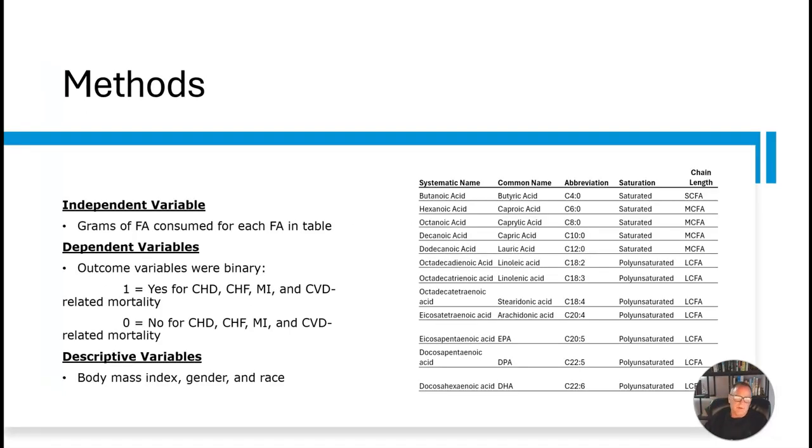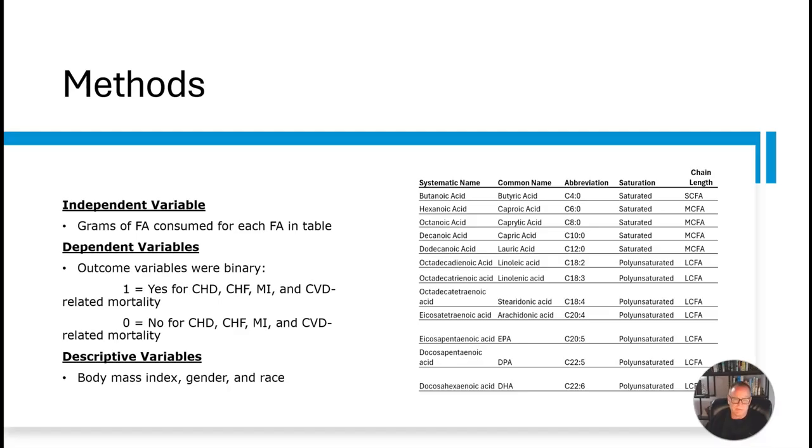So then, once we had that large data set, the independent variables were grams of fatty acid consumed for each of the fatty acids listed there in the table. That would be all of the independent variables. And then the dependent variables were the outcomes of the cardiovascular disease measurements.